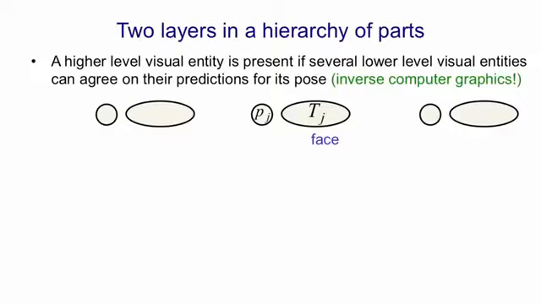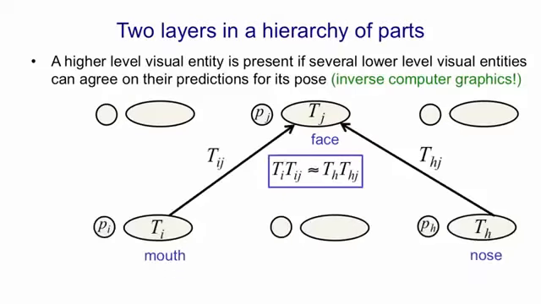And the PJ next to it is a single logistic neuron that's going to be used for representing whether or not we think there's a face there. We have a similar representation in the layer below, where we have a representation of the pose for a mouth and a representation of the pose for a nose. And we're going to recognize a face by noticing that those two representations make consistent predictions.